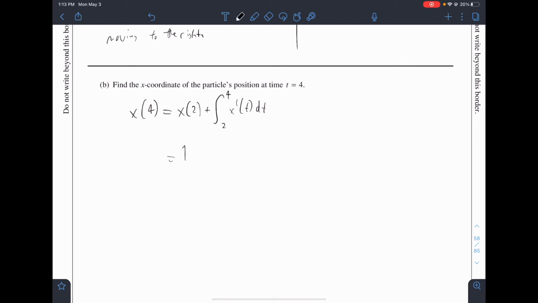So we know x of 2 is 1. I'm going to put this part into my calculator: 2 to 4, root t plus 2 over e to the t dt. And we get 0.253. And so we combine this together, we get 1.253. And that's our answer. Pretty simple start plus change problem.